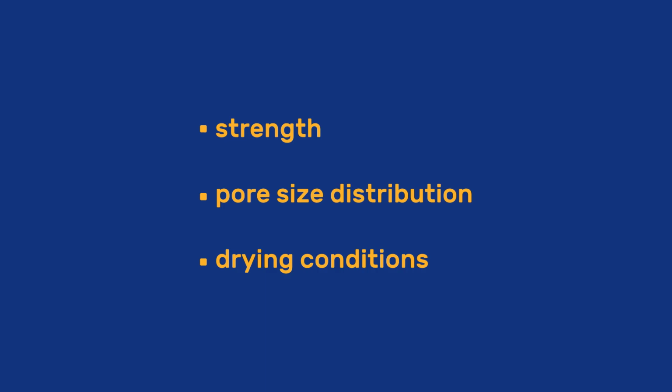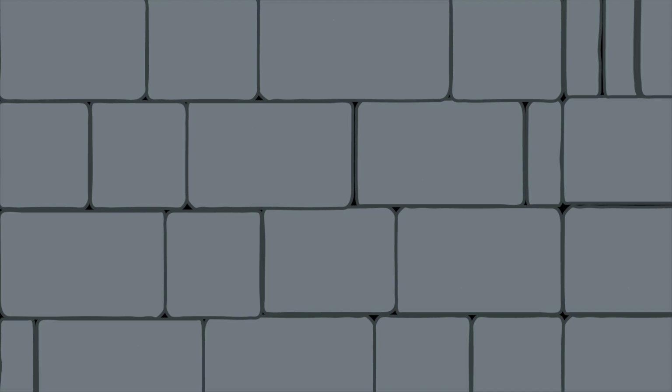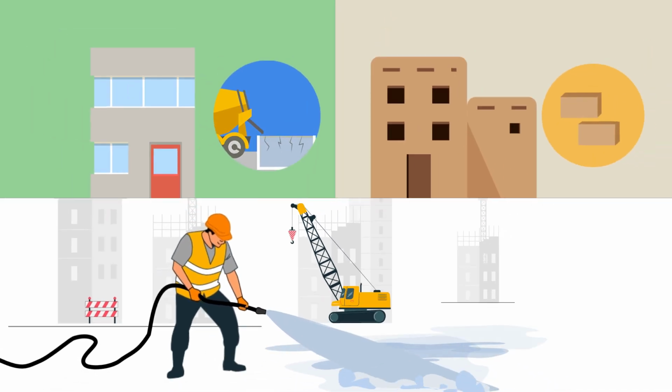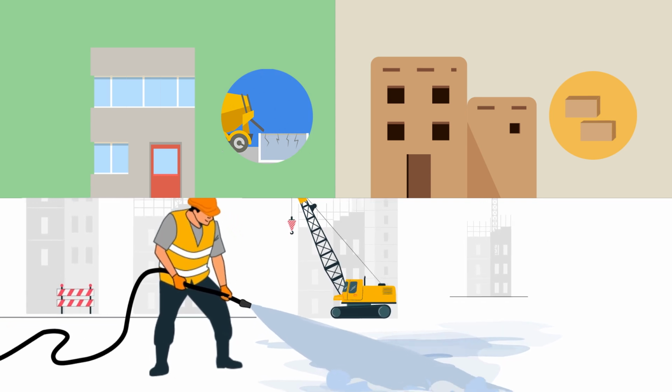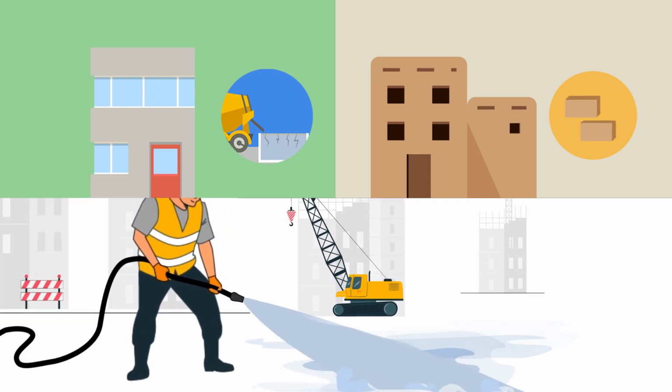In conclusion, depending on their strength, pore size distribution, and drying conditions, materials may be more or less susceptible to cracking from drying shrinkage. For earthen or cementitious materials, careful curing can reduce the stress level and risk of cracking.